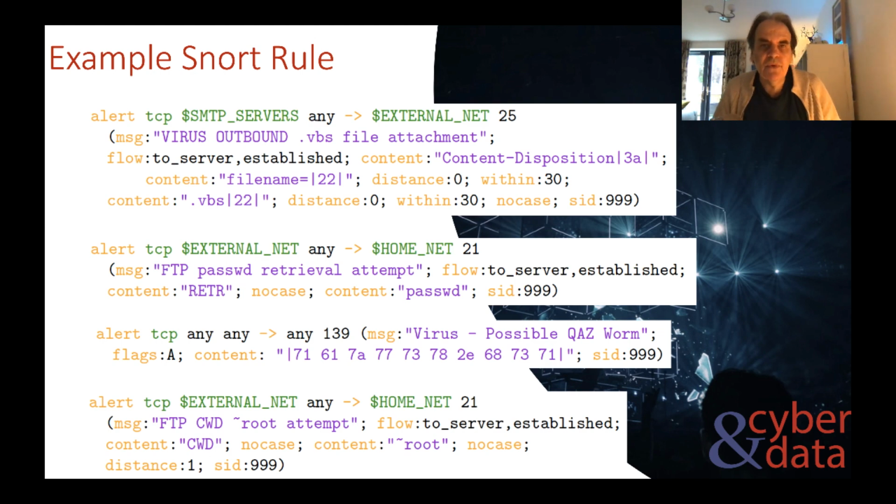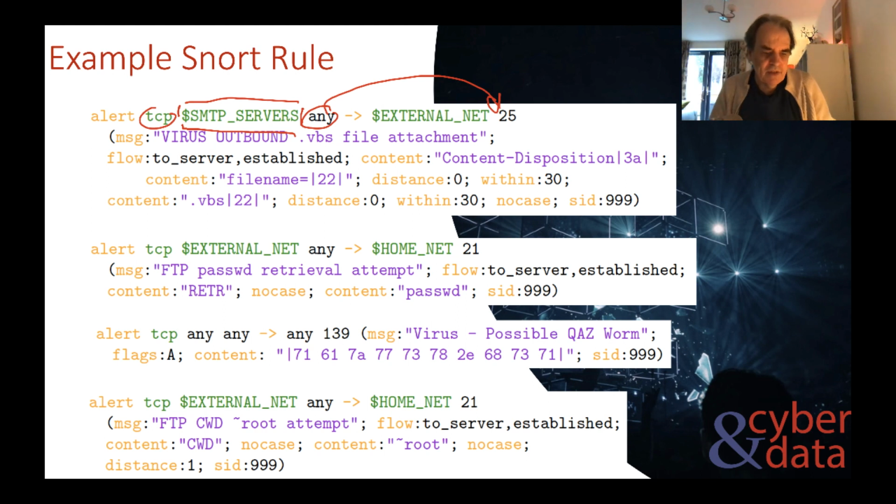So here are some rules. We can also have global variables that define, say, a range of addresses that we want. In this case, this is alerting for TCP from the SMTP servers on any port to port 25, which is the SMTP service.